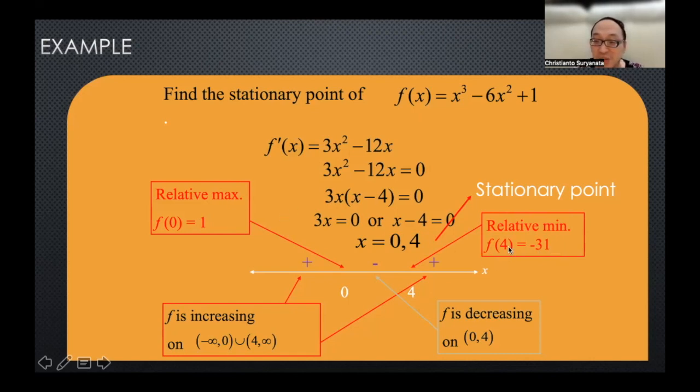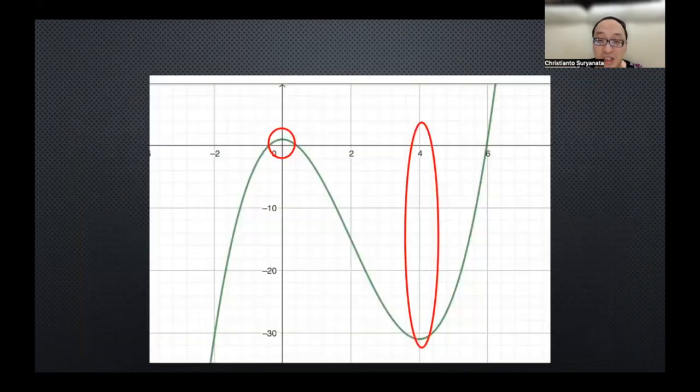So from this result, we can say that the point (0, 1) is a maximum point, while the coordinate (4, negative 31) is the minimum point. You can see here, when x equals 0, this is the coordinate (0, 1), and this is (4, negative 31). So (0, 1) is the maximum, and (4, negative 31) is the minimum point.